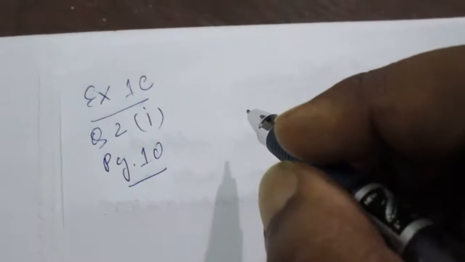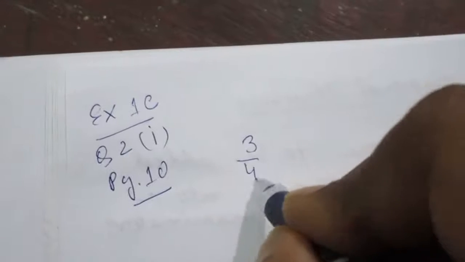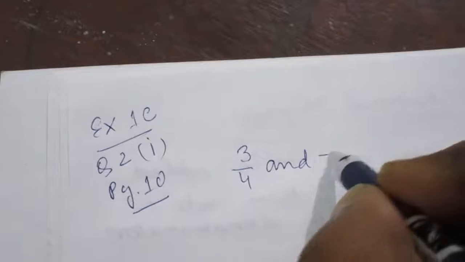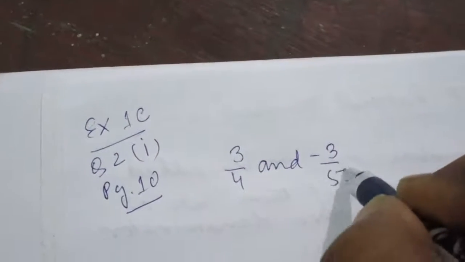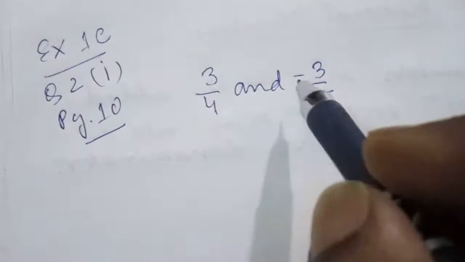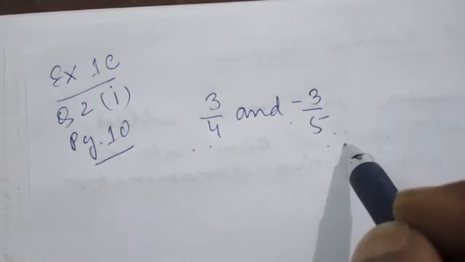So here the question is, add the following rational numbers 3 by 4 and minus 3 by 5. These two are rational numbers.